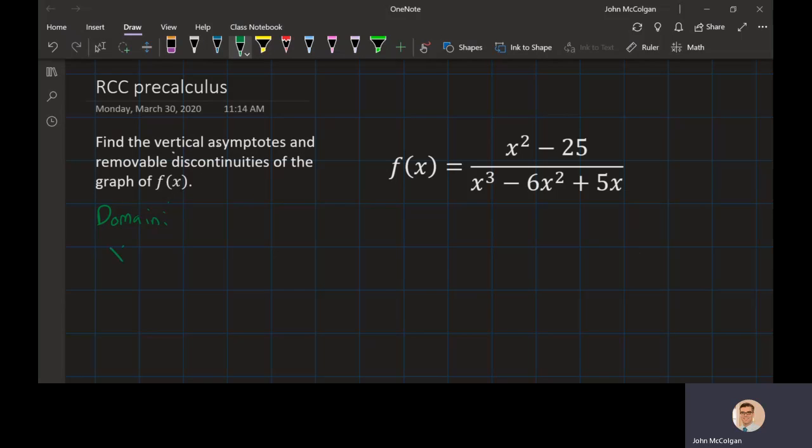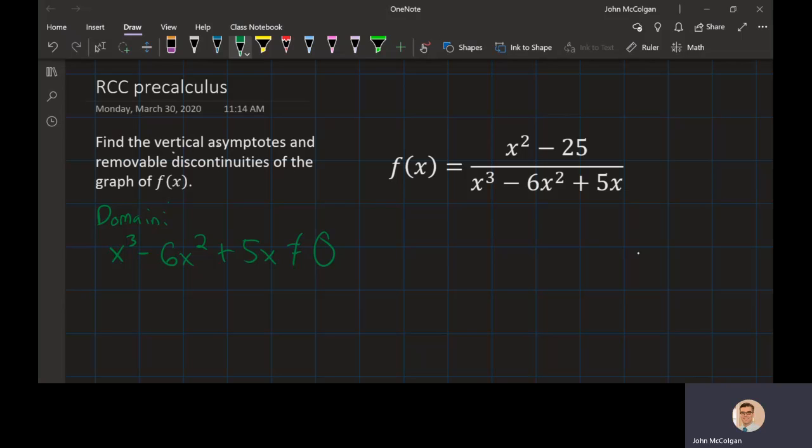Domain. So that is the bottom function there, not equal to 0.